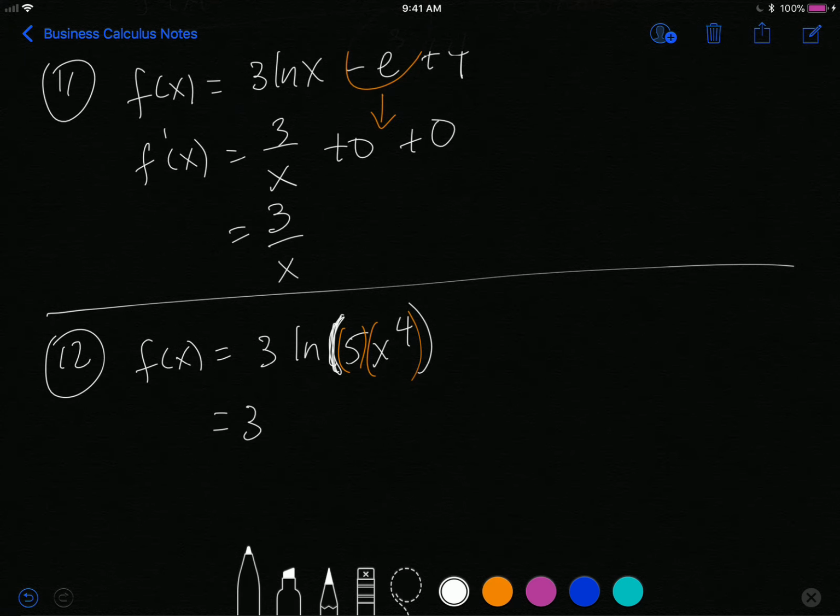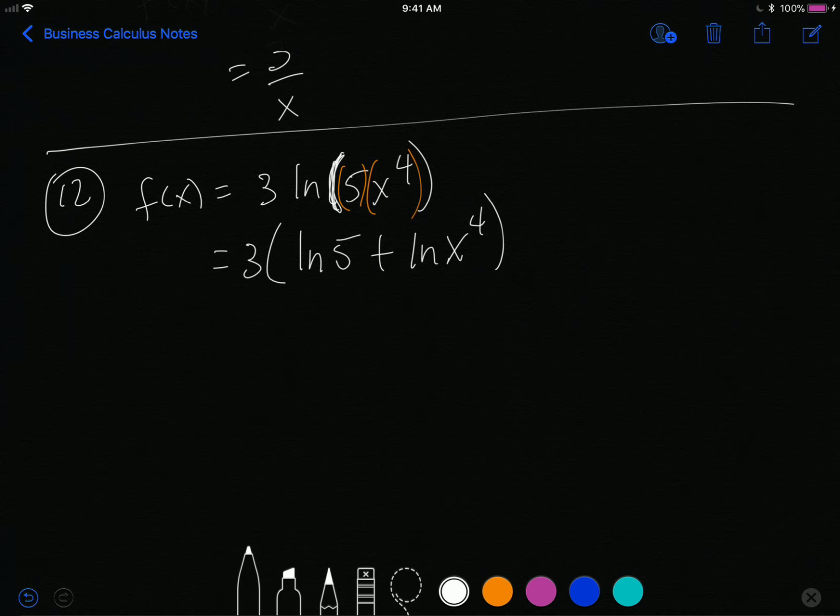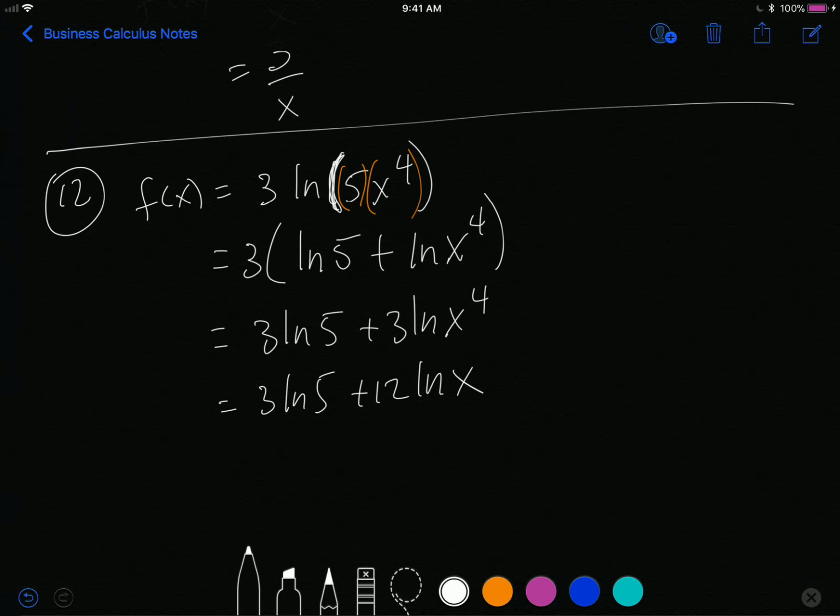So that's going to be 3 times ln of 5 plus ln of x to the 4th power. I distribute the 3, so that's 3 ln of 5 plus 3 ln of x to the 4th power. By the power rule of logarithms, I can take the 4 out front and multiply it by the 3. So that's 3 ln of 5 plus 12 ln of x.